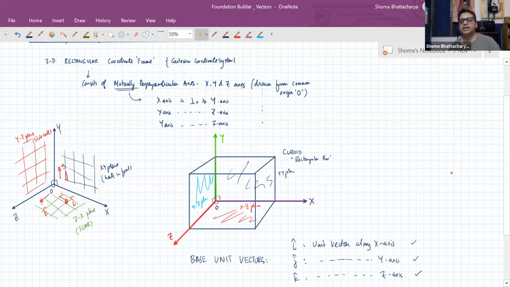And k cap, you would just see the tip of the arrow coming out towards you, coming straight out of the xy plane. So that's how we visualize this.